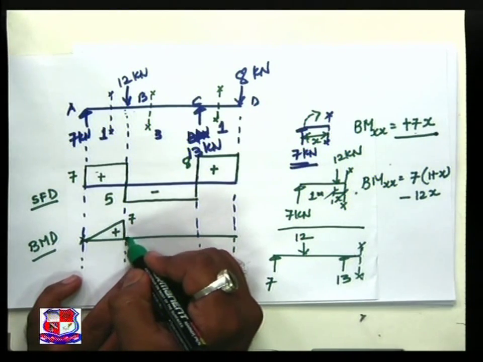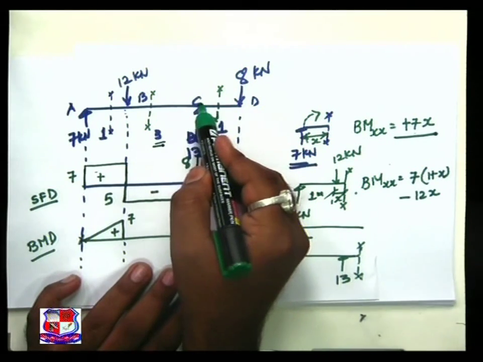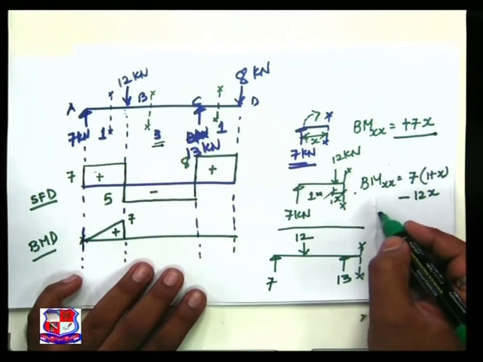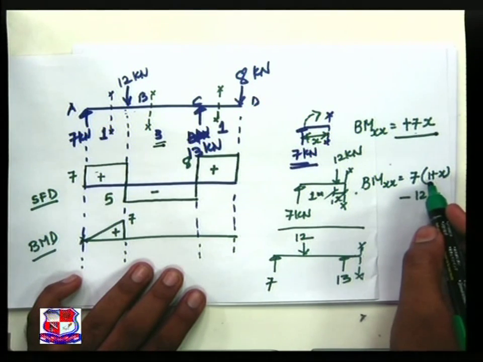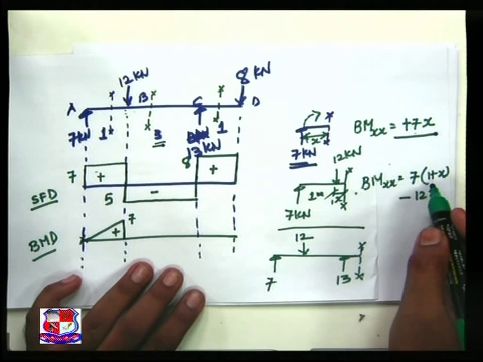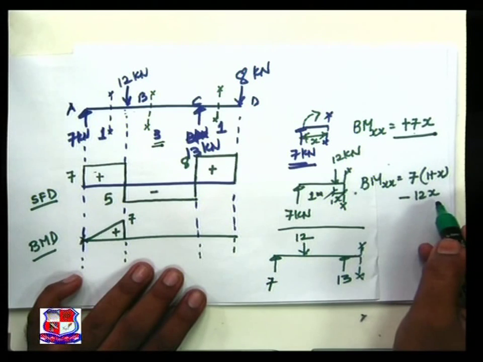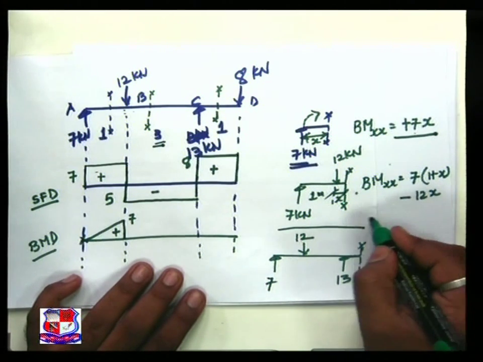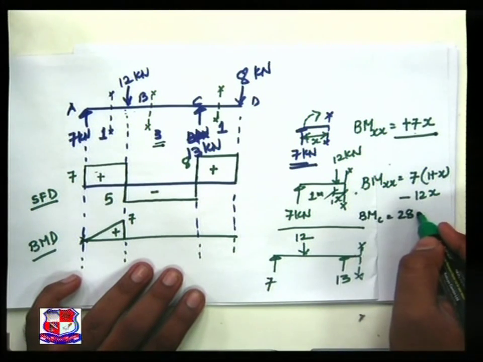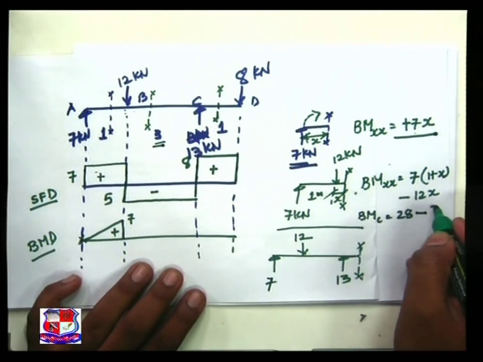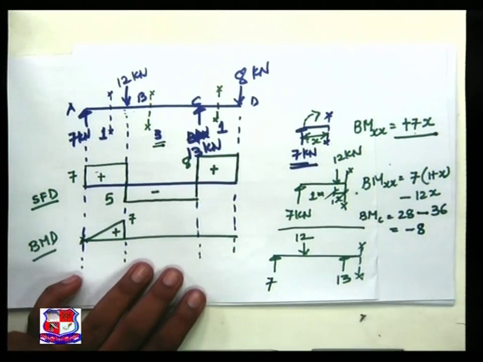Next, x is equal to 3 meter, so we can achieve the bending moment at C. When x is equal to 3, then 3 plus 1, 4, 7 into 4, 28, minus 12 into 3. So we got bending moment at C is equal to 28 minus 36, which is equal to minus 8.